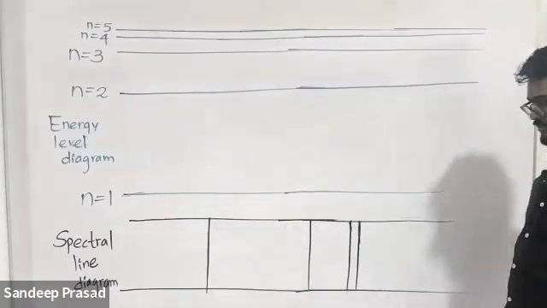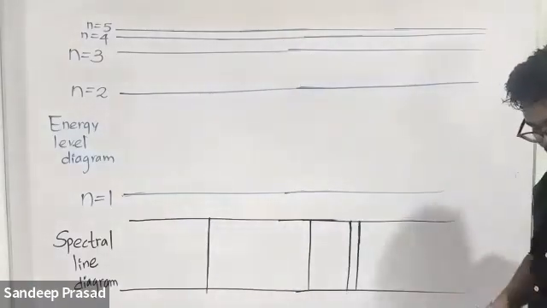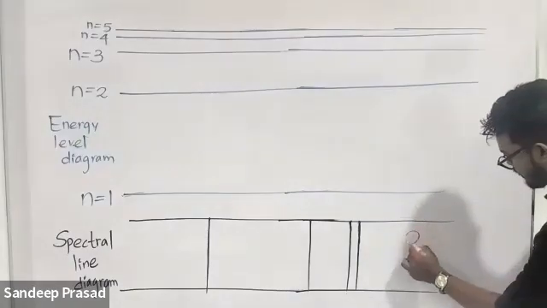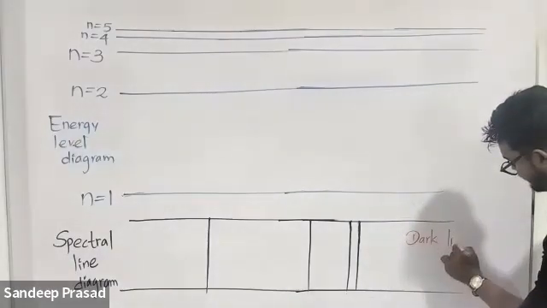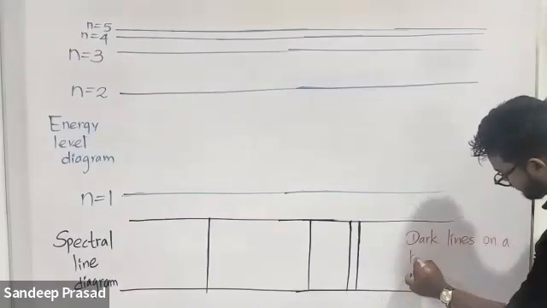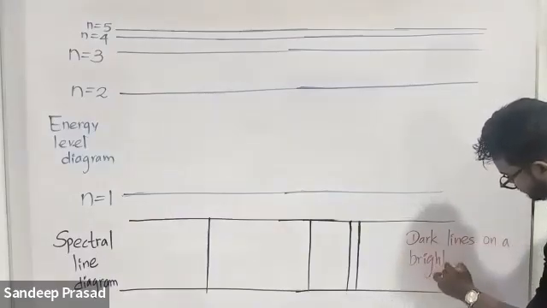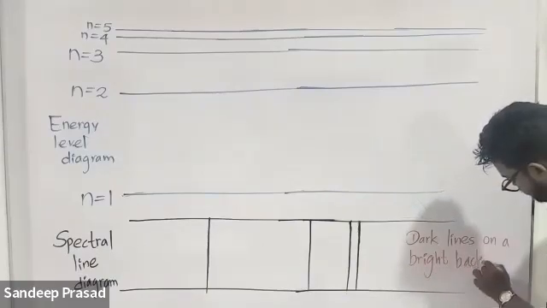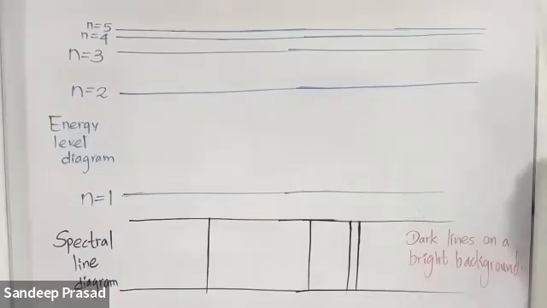So these are the lines you obtain: dark lines on a bright background.